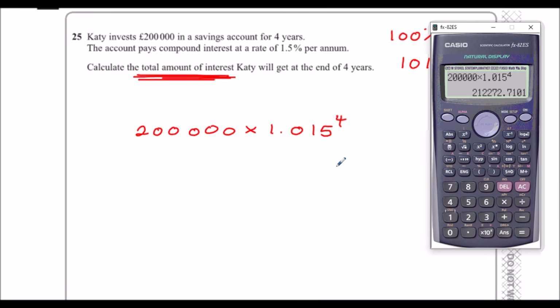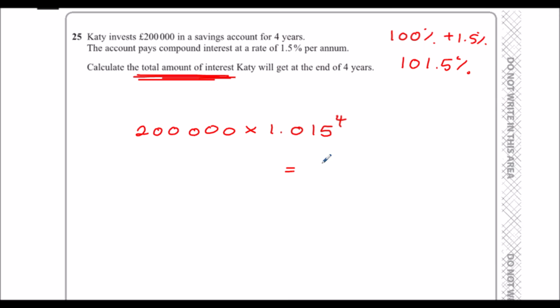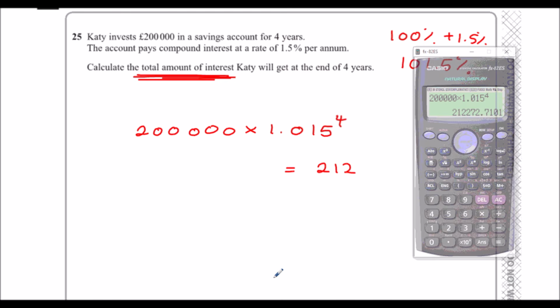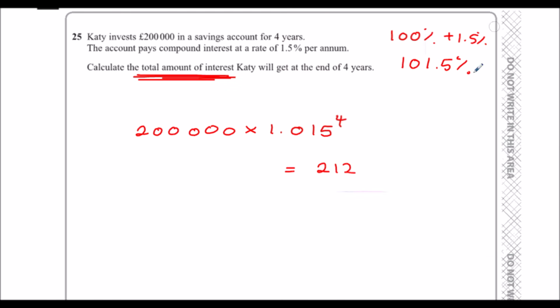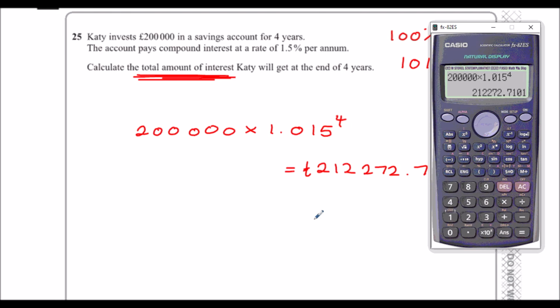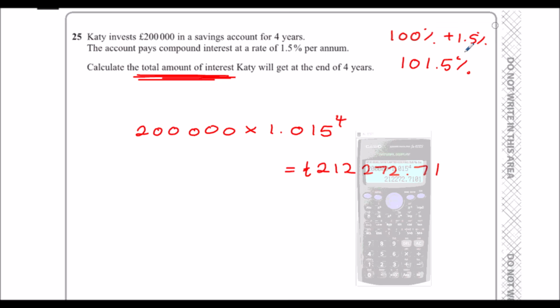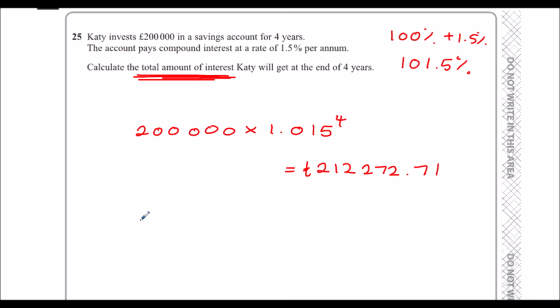So £212,272 and 71p. 212,272.71. So that's how much money we've got in the account, but we only wanted to know the interest.